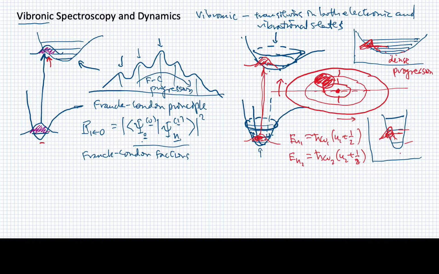Okay, so what I'm saying here is that we have two different frequencies, and each of these different degrees of freedom, these different vibrations, have their own quantum number. And so in order to get the total vibrational state for this system, I need to add these up. So the vibrational energy in this case will be h bar omega 1 times n1 plus a half plus h bar omega 2 times n2 plus a half.